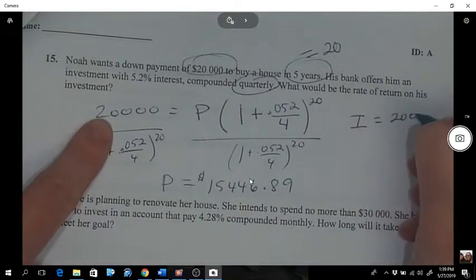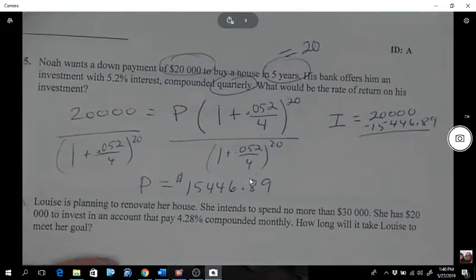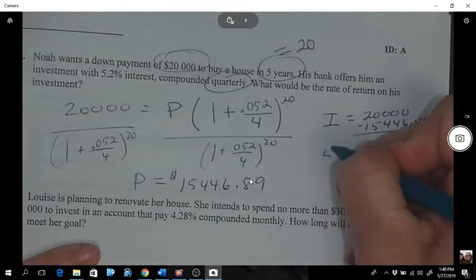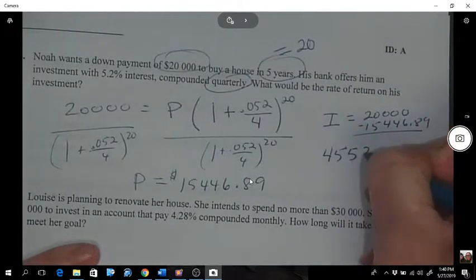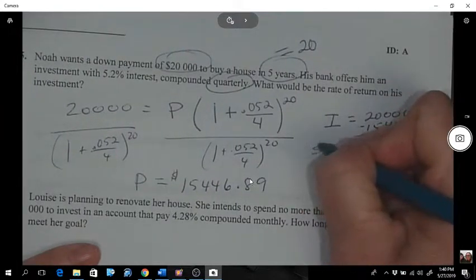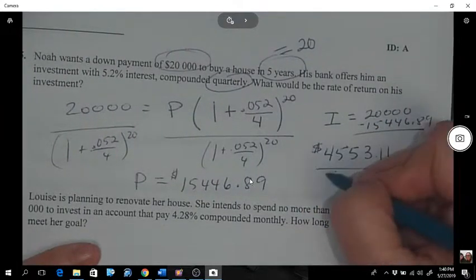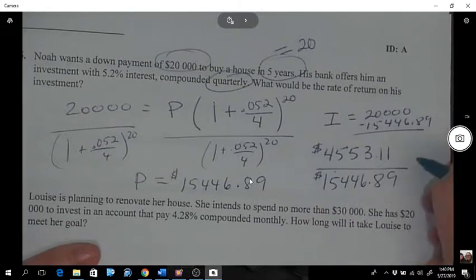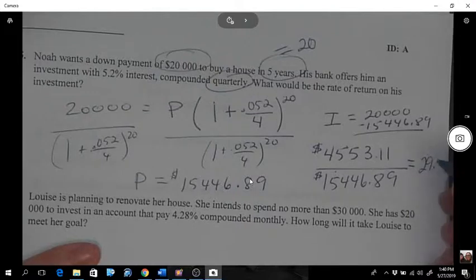So 20,000, the final, subtract the start amount. Okay, so we made $45.53.11 of interest divided by the principal investment, and that is 29.5%.